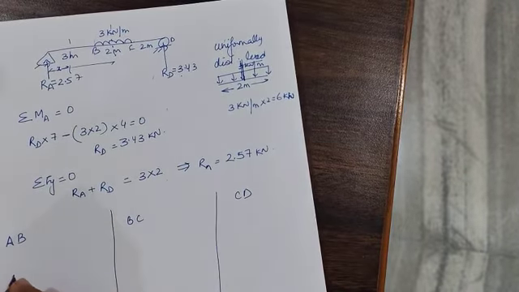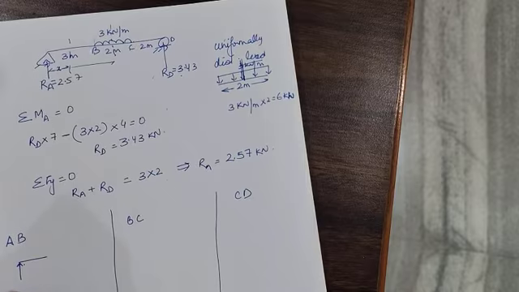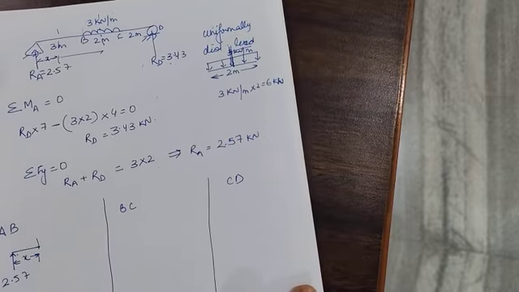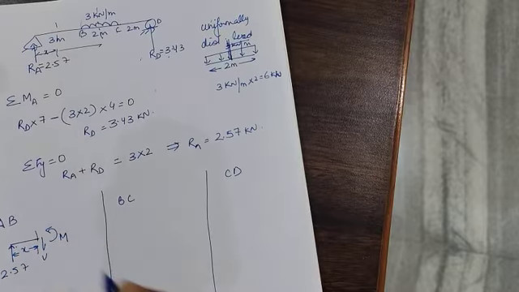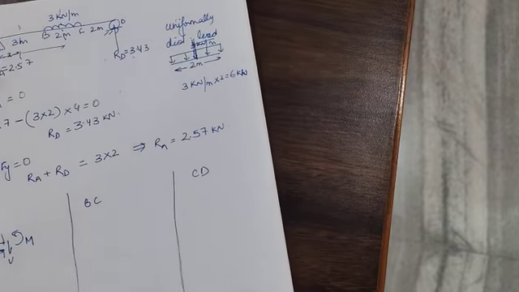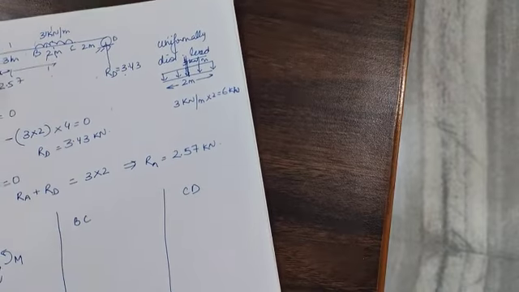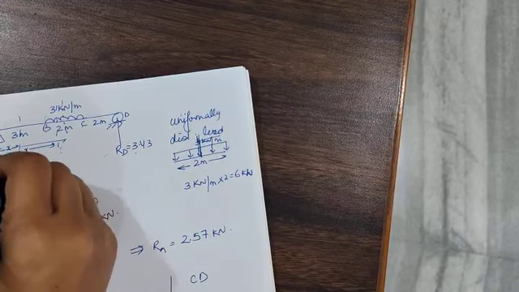So for section AB, the FBD will be 2.57. The section has been cut here. It is the right hand side of the section. So positive shear force will be down. Positive bending moment will be anti-clockwise. Similarly for section BC, I will cut somewhere in between here, at a distance x.